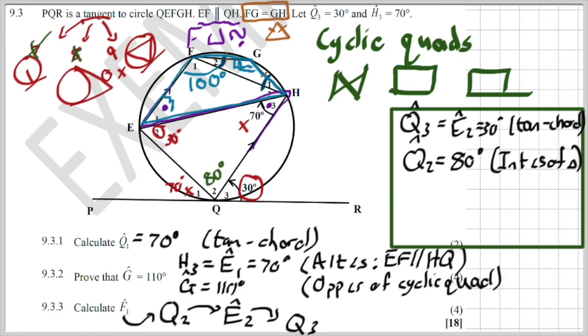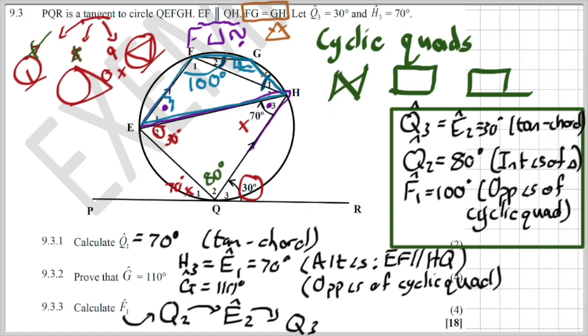That just means it's a bit over the top. It's extra. But this was my logic, so I'm going to run with it. Next up, F1 is then 100 degrees because of opposite angles of a cyclic quad. And there you have 10 marks, in total 18 marks for this question by actually doing very simple Euclidean geometry.